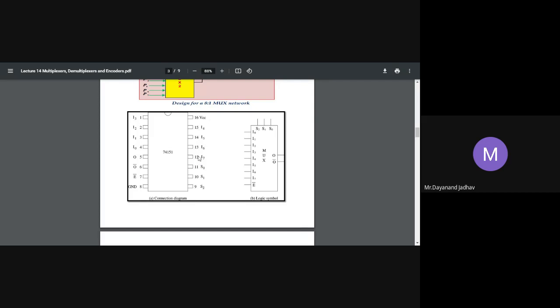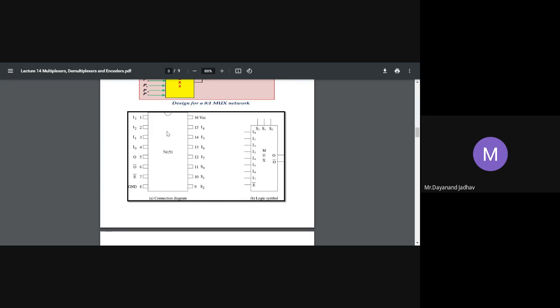So in total, 8 inputs are there: I0 to I7. The output is pin number 5, output bar is pin number 6, enable bar is pin number 7, and the select lines 9, 10, 11 are S0, S1, S2.